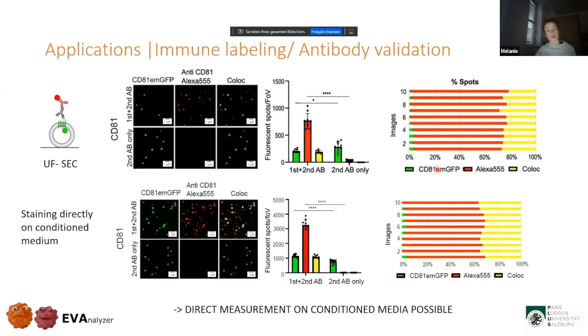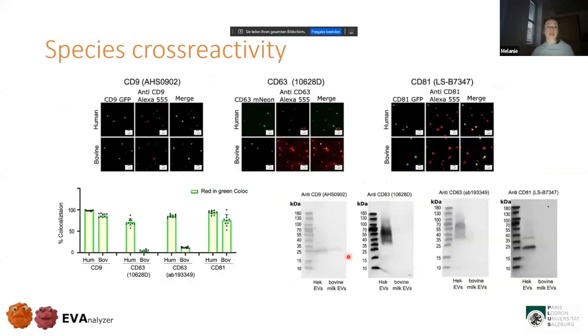The same staining also works really well on conditioned medium. So as you see, we also get really nice and comparable results if we do this staining directly on conditioned medium. Something that can also be evaluated with this method, and which is especially interesting for us, is to look at species cross-reactivity of antibodies.